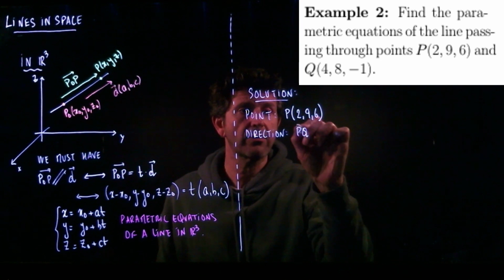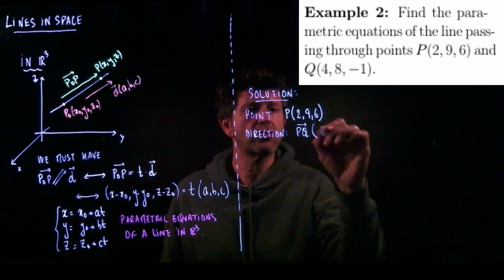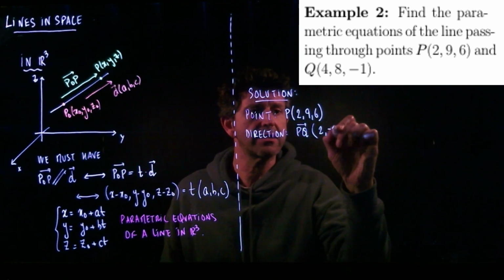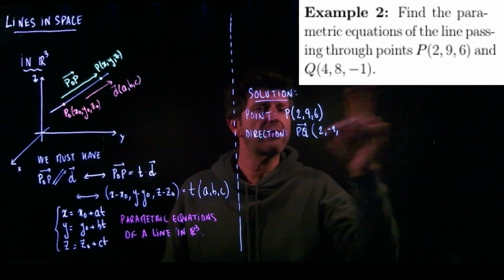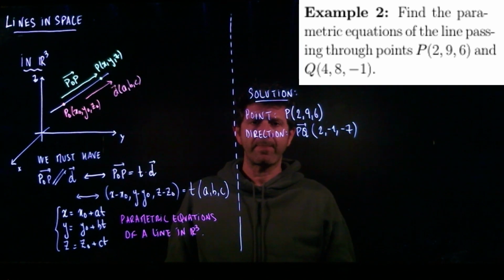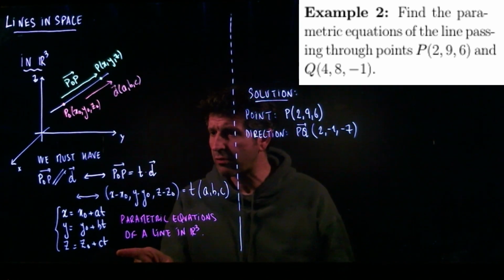So 4 minus 2 is 2, 8 minus 9 is negative 1, and negative 1 minus 6 is negative 7. So this is the direction. So I have the point, I have the direction. Well, it's very simple now.